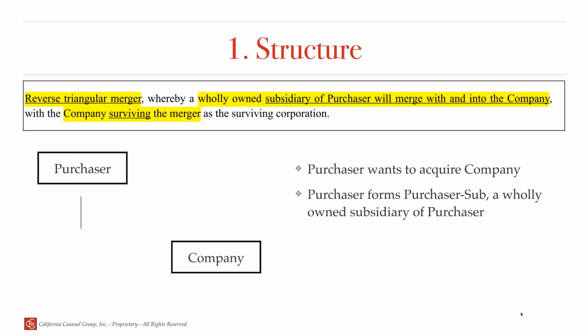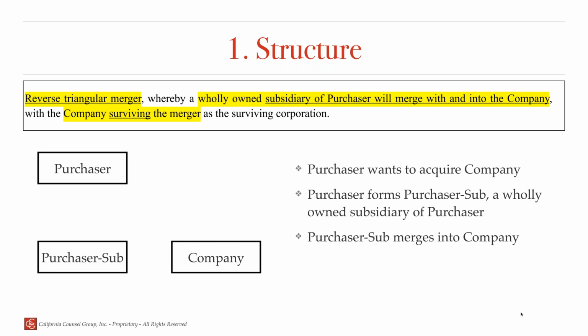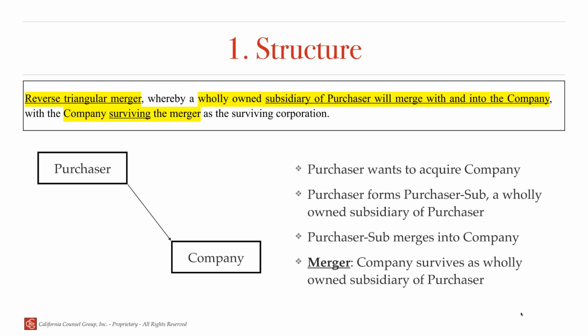And the purchaser forms this purchaser sub, a wholly owned subsidiary. And the next step is the purchaser sub merges into the company. So it moves over. And once that merger happens, the company then becomes a wholly owned subsidiary of the purchaser. And so this is what's called a reverse triangular merger.